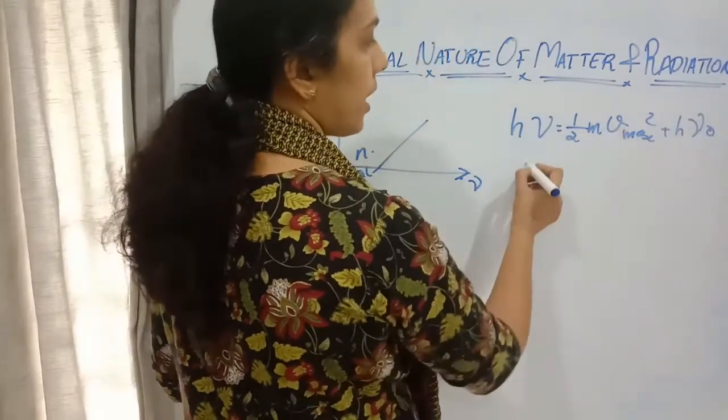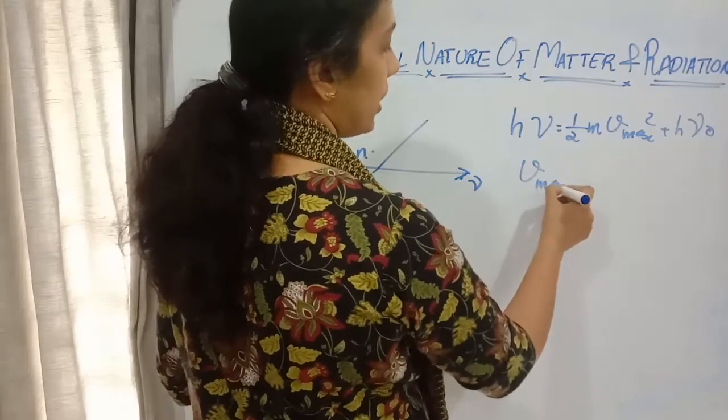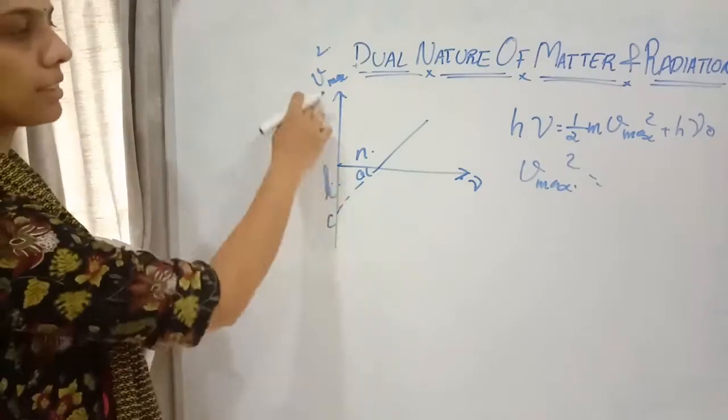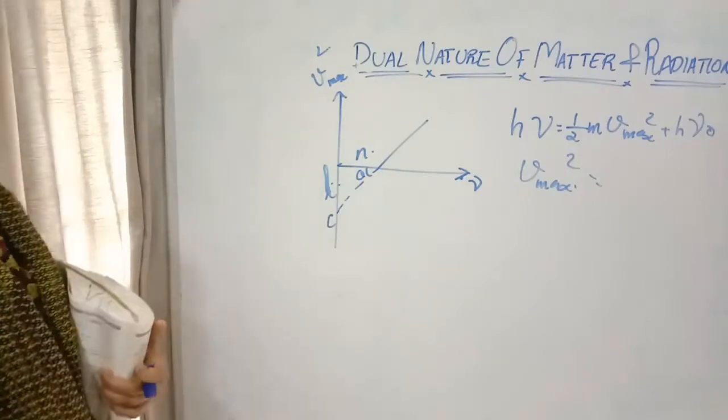So if we are writing the equation in terms of Vmax square, because here the graph is given as Vmax square and nu, we should get that relation first.